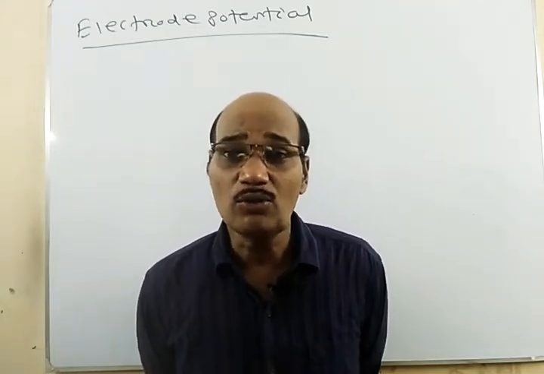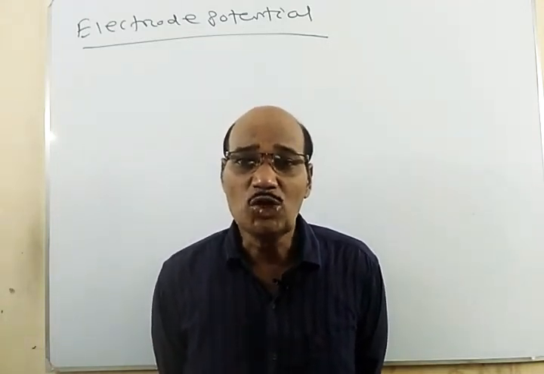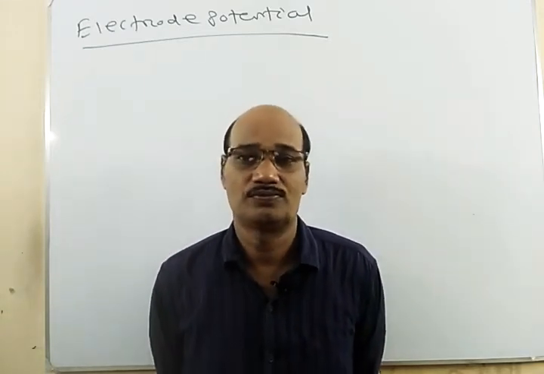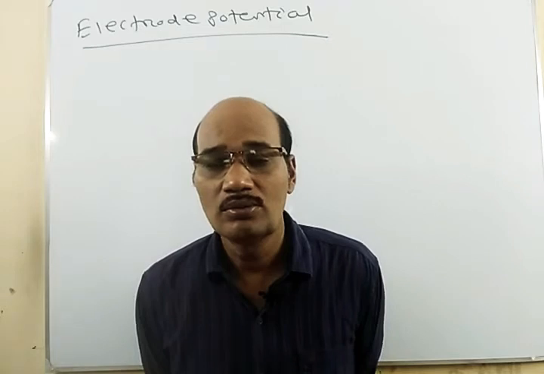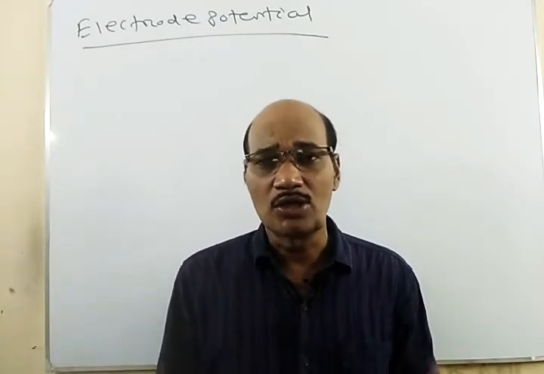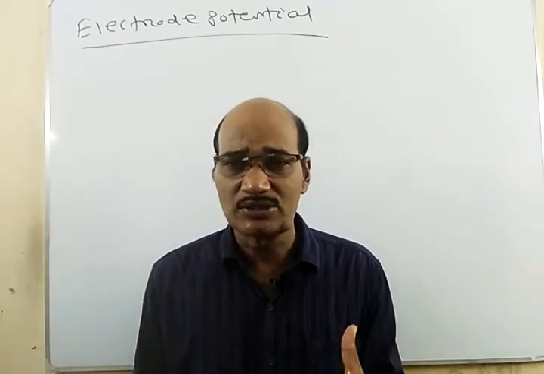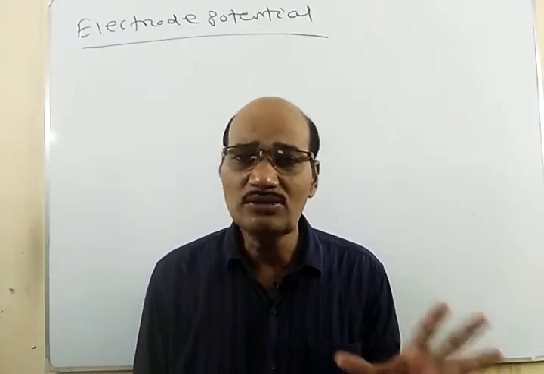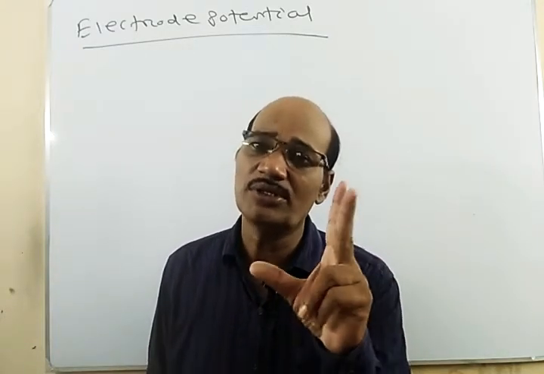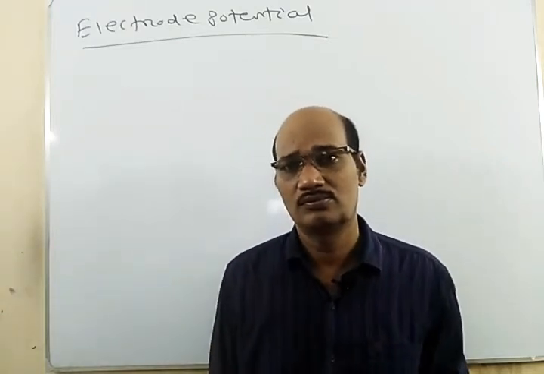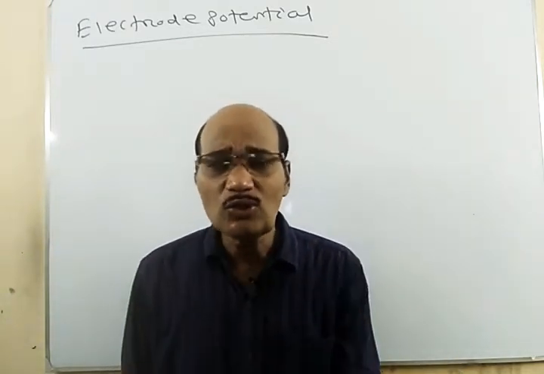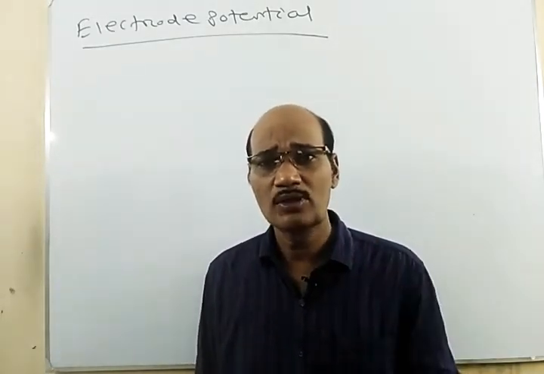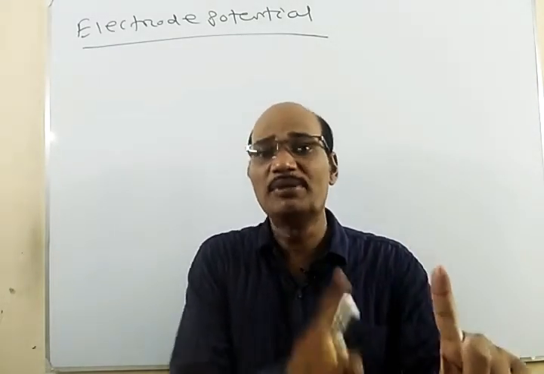So how do we calculate the electrode potential of a particular electrode? We know that neither oxidation nor reduction takes place independently. They always take place simultaneously. So if you want to measure the potential of a particular electrode, we have to couple it with another one.